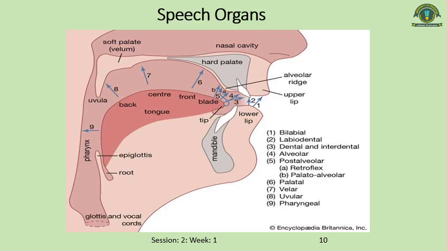Windpipe? No. Then where? Larynx? No. Mouth. But remember, before reaching the mouth or lips, whatever I have mentioned, for instance, lungs, larynx, or maybe windpipe and the other speech organs, every speech organ is playing its role.